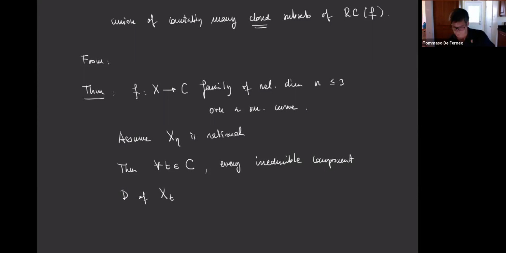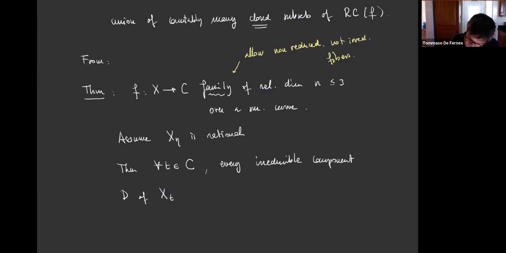Here maybe I should allow non-reduced and non-irreducible fibers. So maybe I should not use the word family, because I've been using family for family of varieties. This is just a morphism. It's a flat morphism. It's projective, from a variety to a curve. But the fibers can be very complicated. I know they are all equidimensional.